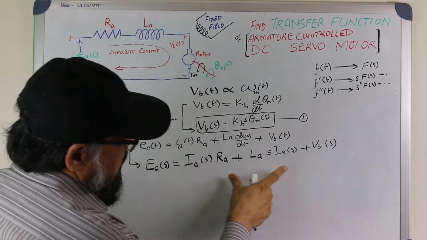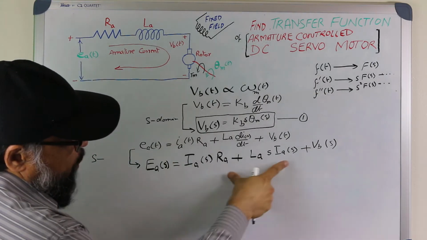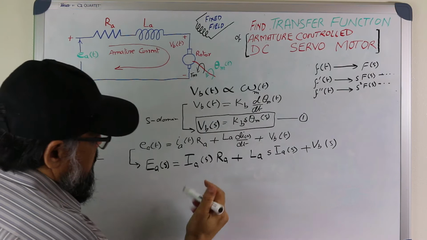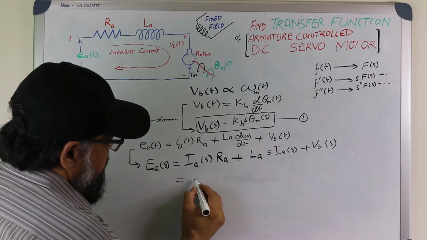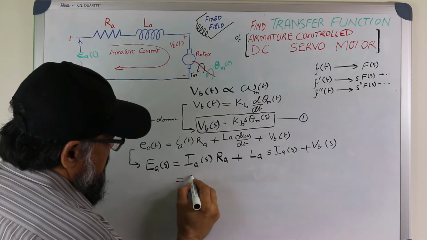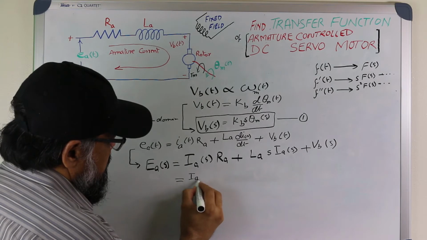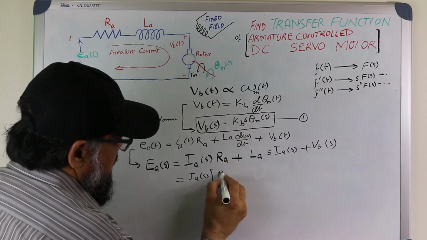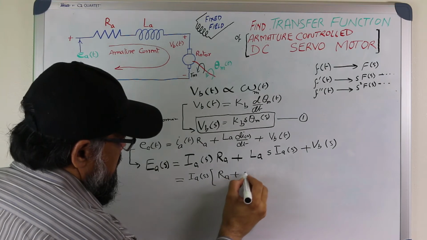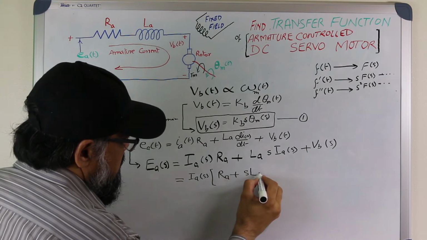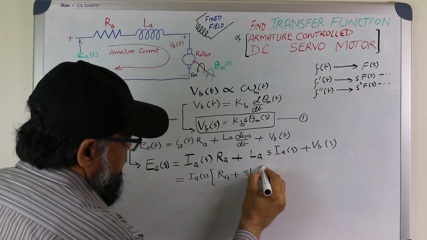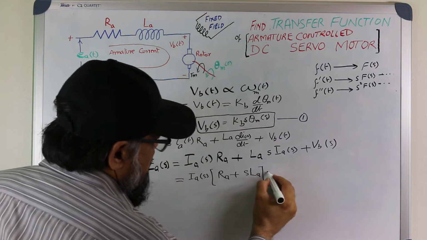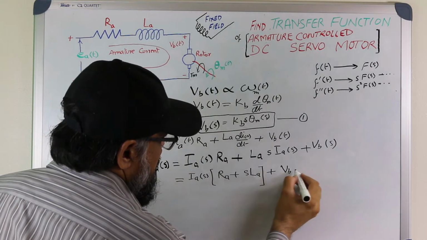If you want, you can take IA(s) common from these two terms, so it will be easier for us. So if I take IA common, then I have (RA plus s times LA) plus VB(s).